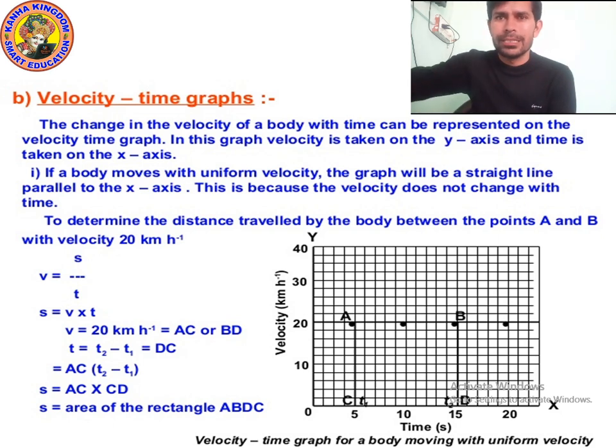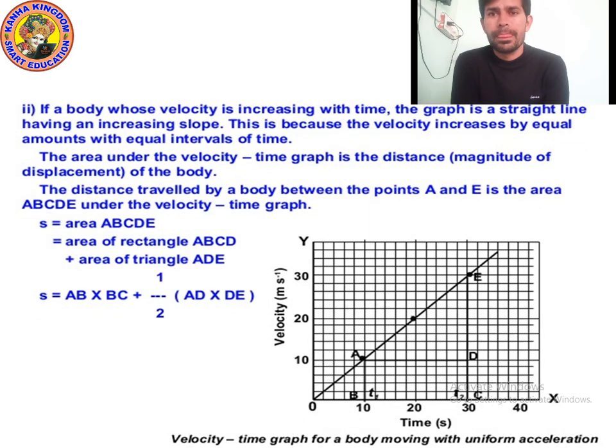Let's move on to the next point. So kids, now you know that for the velocity-time graph, if the velocity is constant, means in uniform motion, then the graph will be a straight line, parallel to the x-axis.